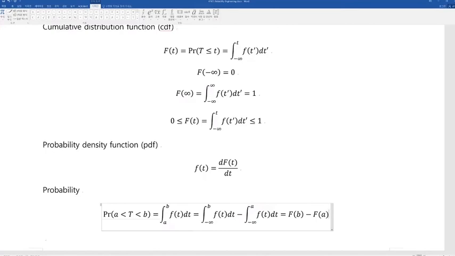So the probability that a random variable is located between a and b can be calculated by subtracting the CDF for the time point a from the CDF for b.